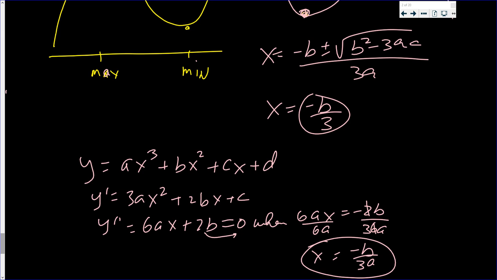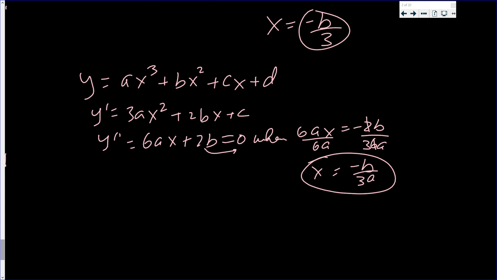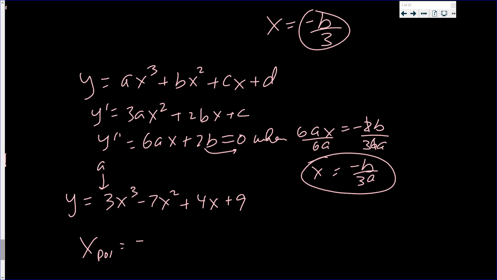One last comment or one example. If you come to know y is equal to, I don't know, 3x cubed minus 7x squared plus 4x plus 9, I can tell you the point of inflection is at, remember, that's A, that's B, that's C, and that's D. It's negative B, negative 7 over 3 times 3.